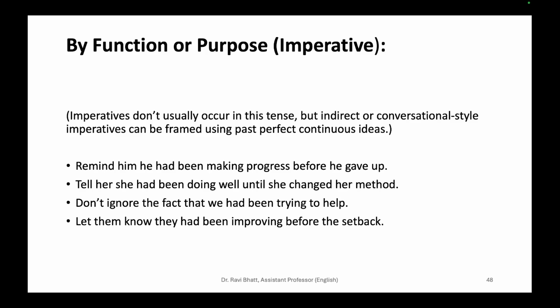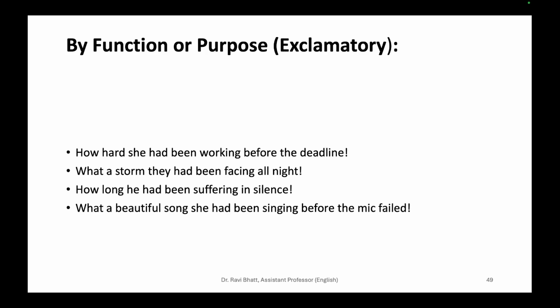Or say, tell her she had been doing well until she changed her method. The next one, don't ignore the fact that we had been trying to help her. Or say, let them know they had been improving before the setback. These are some of the sentence variations for imperatives, but directly this tense does not take imperatives.